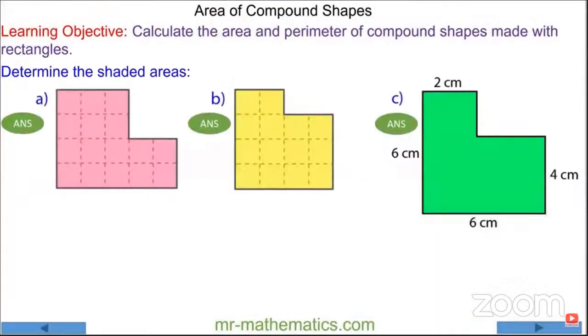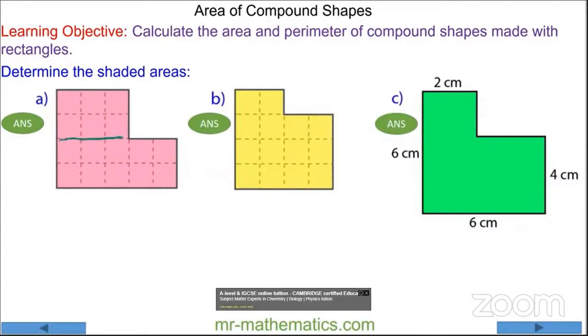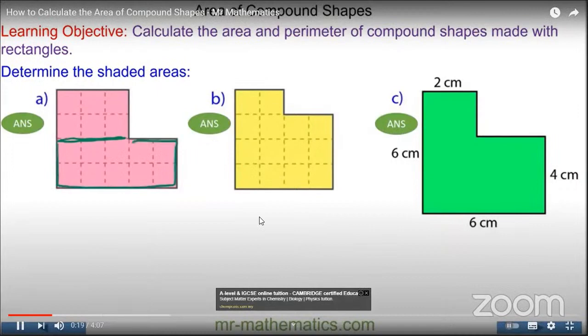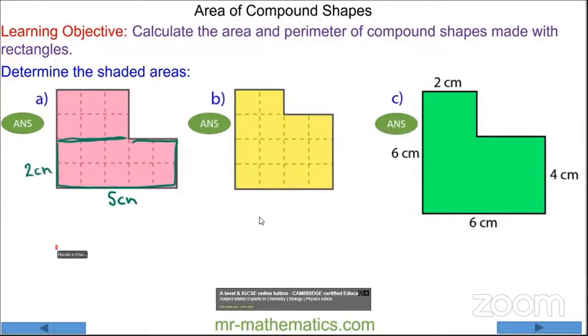Hello, we're going to calculate the area and perimeter of compound shapes made with rectangles. To begin with question A, we're going to look at two different ways of doing this. We can work out the area of this rectangle, which is 5 centimeters by 2 centimeters, which would be 5 times 2, 10 centimeters squared. And this rectangle, which is 3 by 2, so 3 by 2 is 6. So in total, we have 16 centimeters squared.